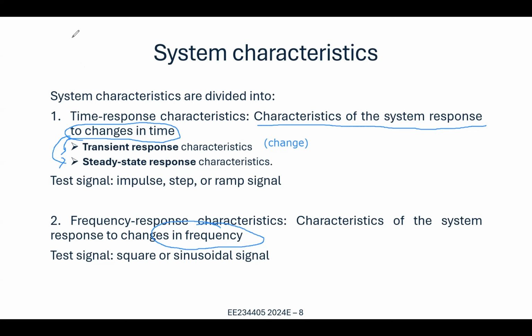So, for example, if you have the input as the step signal, so this is the step signal, and we have the transfer function, let's say 1 per s plus 3. What you have here is something like this. So this would be the output of the system represented by this transfer function.